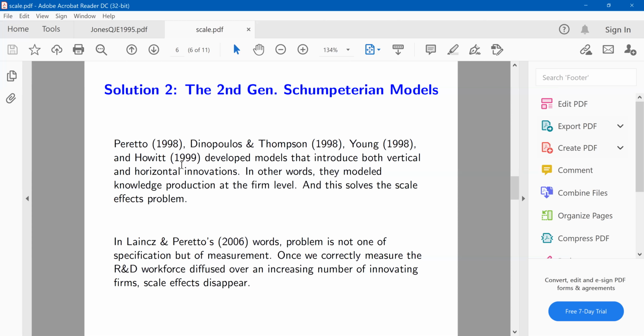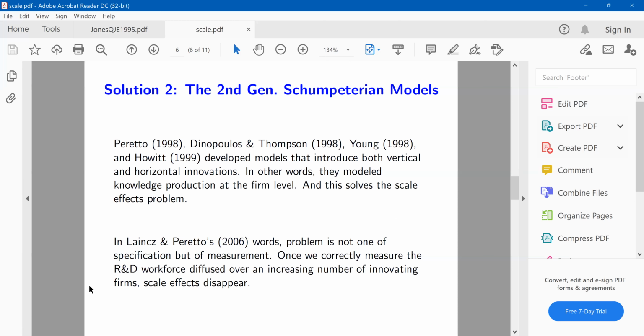And now I'm going to show you how that actually sterilizes the scale effect. But before that, there is a nice remark here by Laincz and Peretto. The problem is not specification. The scale effect problem is not about specification. There's no reason we should believe that there are decreasing returns to knowledge. But the problem is measurement, right?